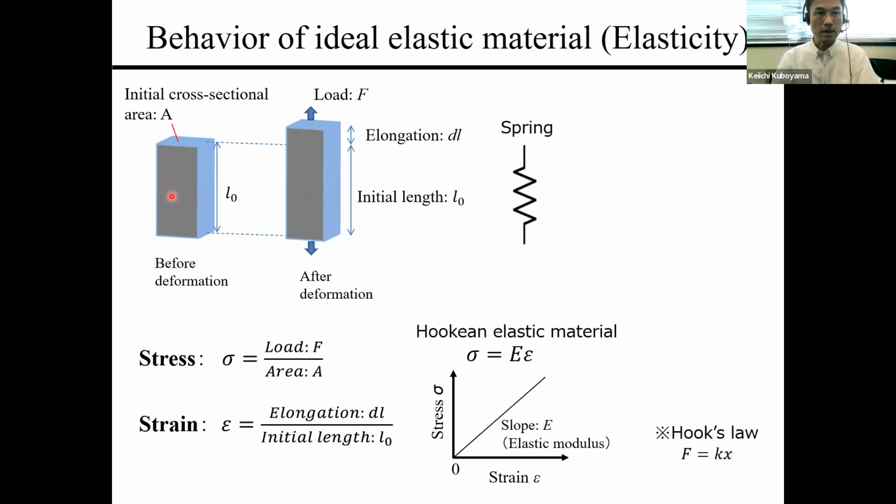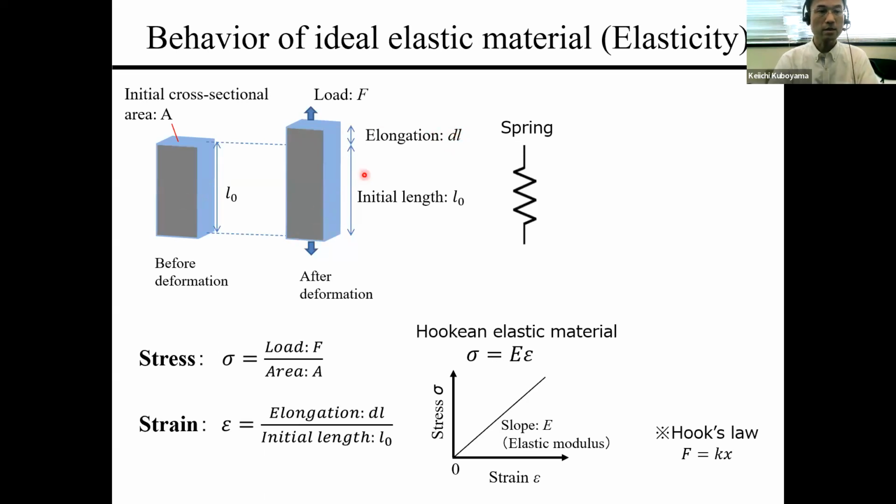Such kind of polymeric materials. If there is a bar of the polymer, and you elongate this bar, the original length is L0, and the cross-sectional area is A. And after you elongate the elastic material, the elongation becomes DL.